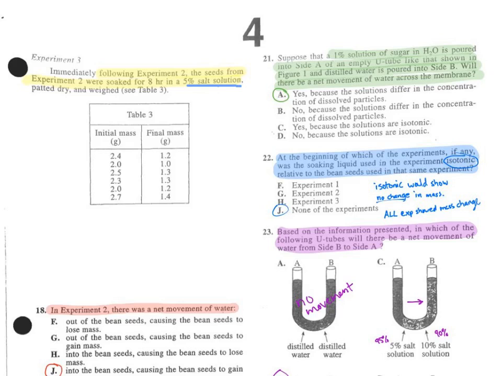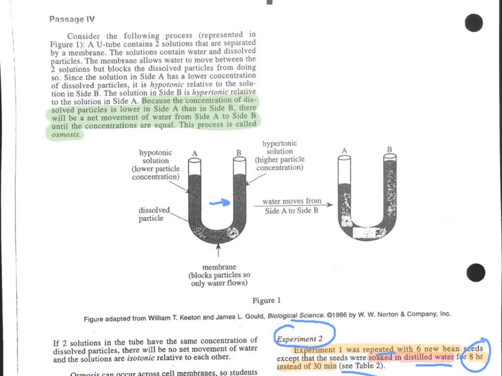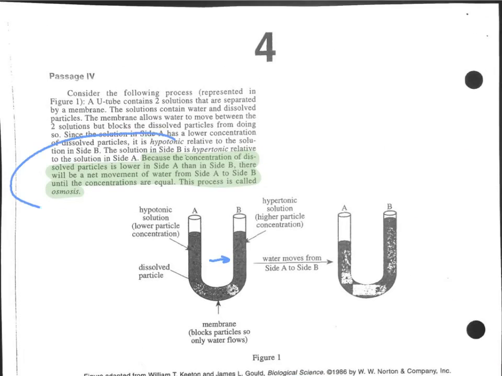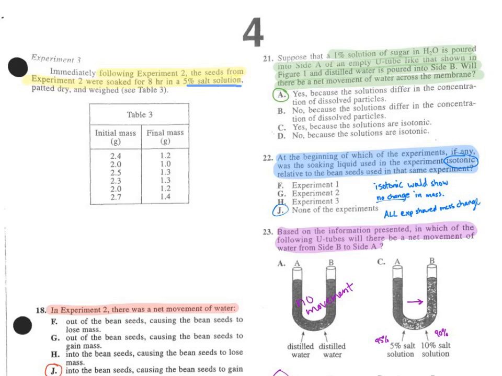So the concentrations are different, not by much, but they're different. And it mentions in the beginning that particles will move when the concentrations aren't equal. You'll have water movement until the concentrations are equal. So you would have movement because the concentration is different.